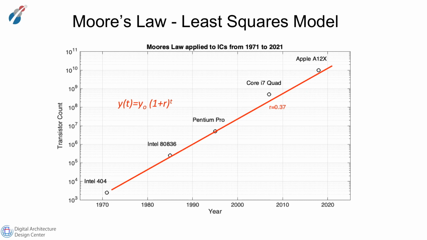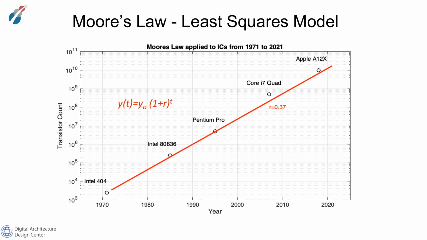So the simplest way to write down Moore's law is that the performance of your system, or the figure of merit that in this case we care about, is equal to Y naught, which is the performance at some reference year, for example, 1970, times (1 + R)^T. R is, of course, the annual rate, or the average annual rate of improvement. For processors, that number is an astounding 37% per year.